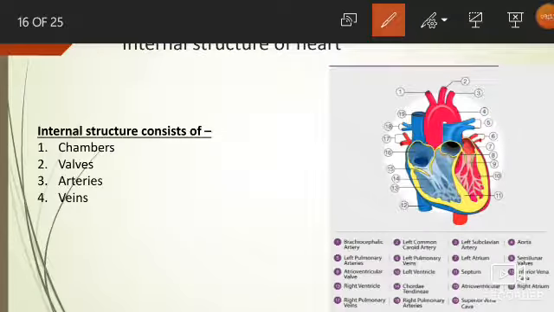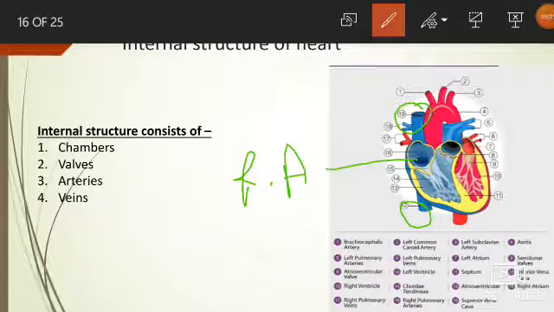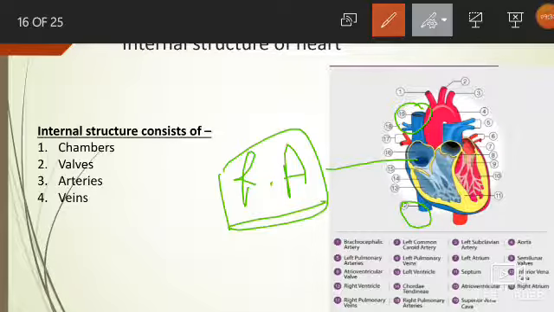These functions are performed by superior vena cava and inferior vena cava. The superior vena cava and inferior vena cava open into the right atrium region. These carry deoxygenated blood from all parts of the body to the right atrium region.